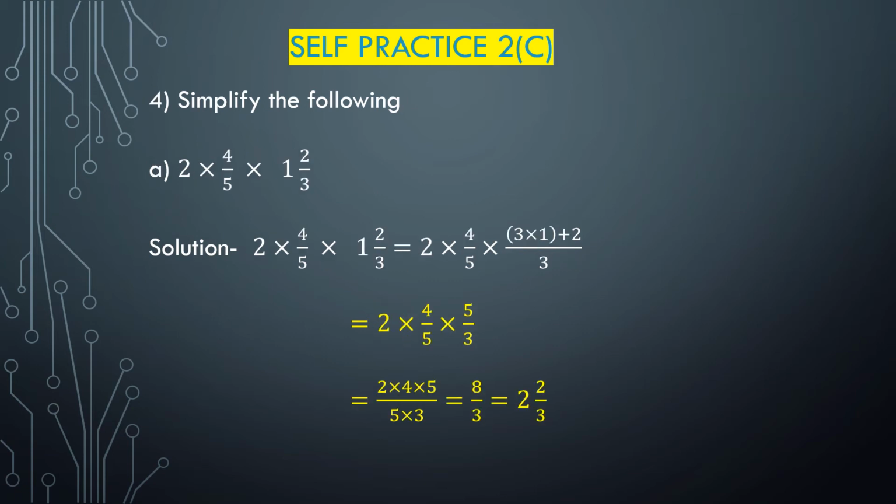Now we solve question number 4. Question number 4 is simplify the following. First bit is 2 multiplied with 4/5 multiplied with 1 2/3.